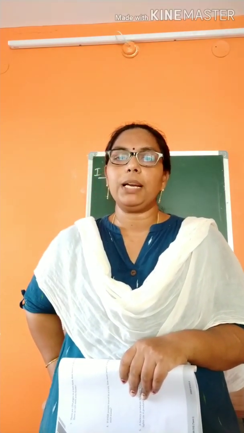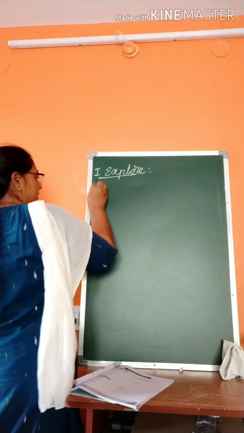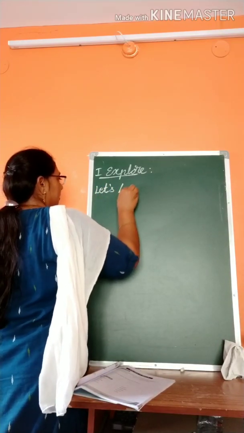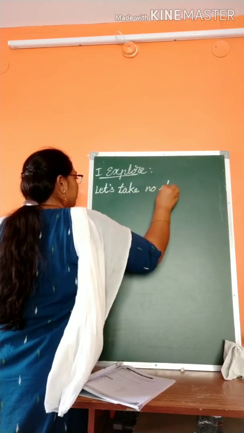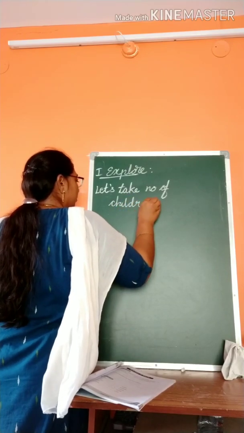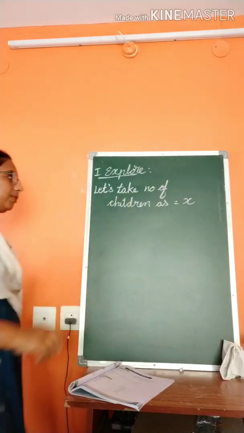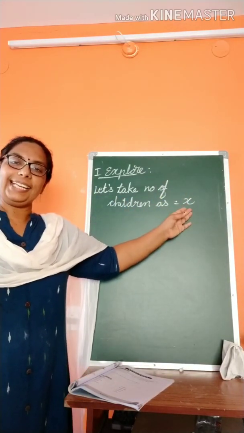So let's take the number of children as x. We don't know the number of children. No number is given. So take it as x.